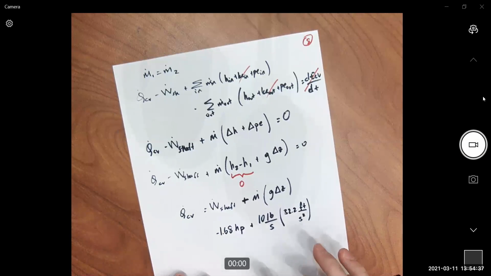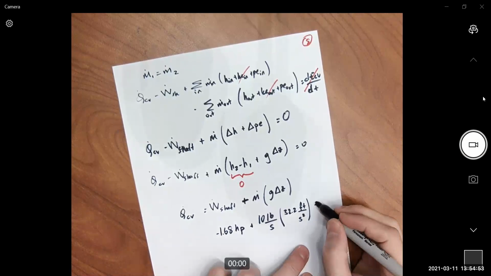We will also cover this at some point. I mentioned how to go from meters per second squared to 32.2 feet per second squared. Just make sure you have it. And 90 feet.